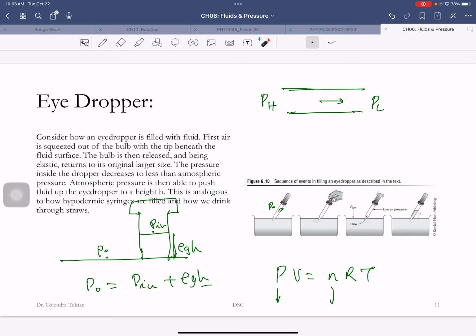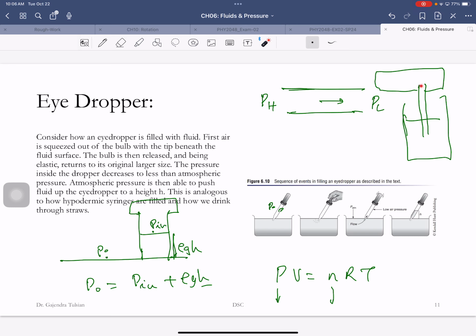So that's how straws work. How do you drink from a straw? Here's a straw, and let's attach a person to the straw. To make fluid flow from here to there, the pressure here has to be higher than there.